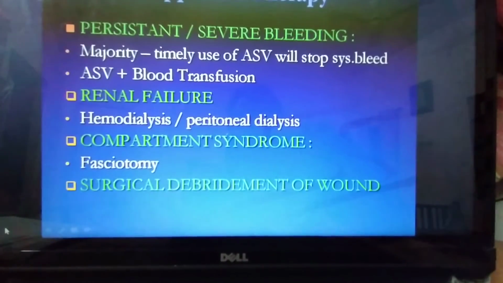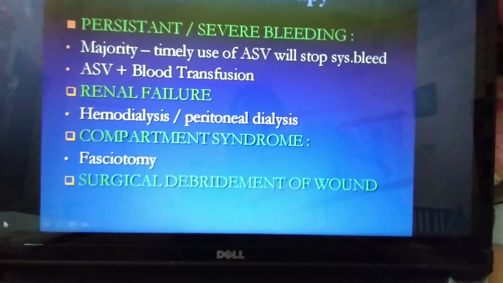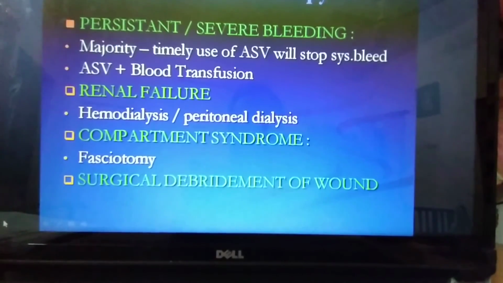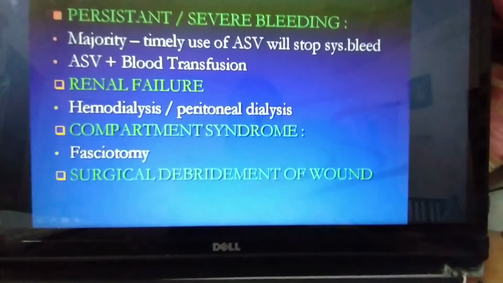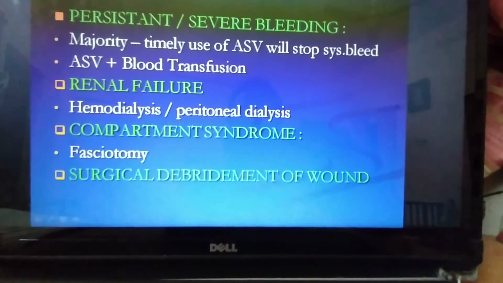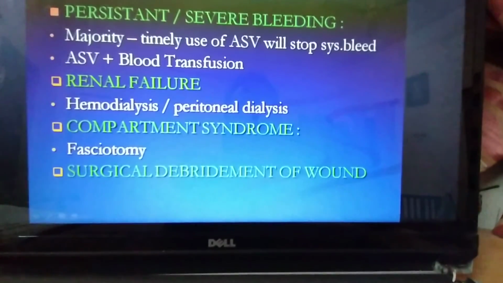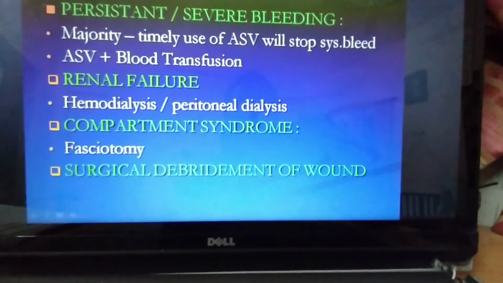In case of renal failure, go for hemodialysis. Most acute renal failure cases will recover after the therapy, but when there is damage in the cortical area, it is difficult to recover the patient, and replacement of the renal system is necessary.